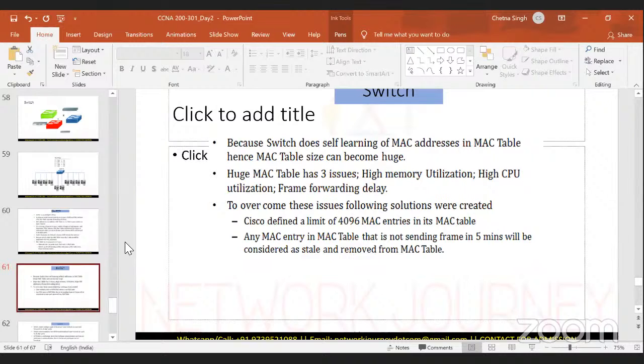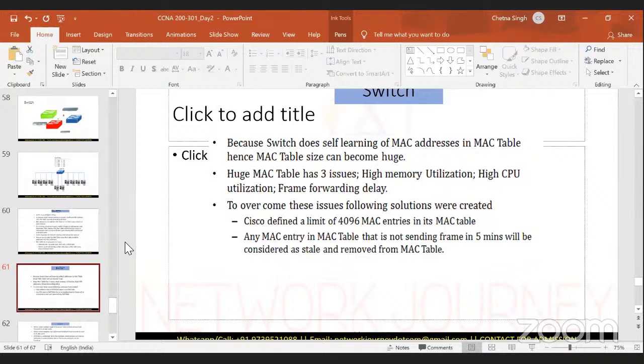If another frame from that source comes, then that entry is refreshed and the timer is recreated for 5 minutes. If there is no such communication from a specific PC, then it will try to remove that entry. In this manner, the issue of a huge MAC table can be catered to.